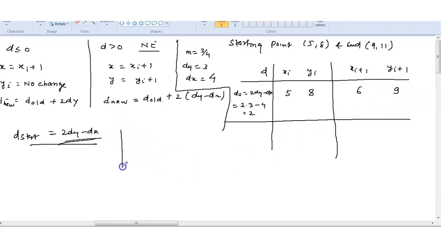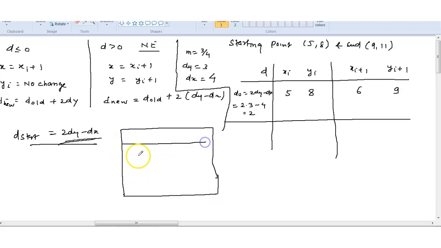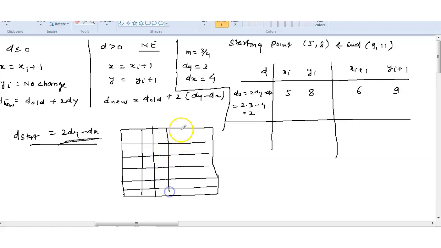I will keep drawing it here also. Consider this is the given coordinate grid. This is the initial point that is considered, 5 and 8 given here.